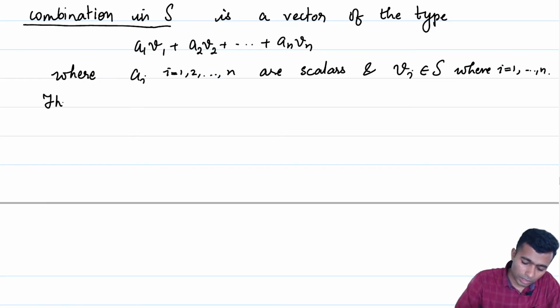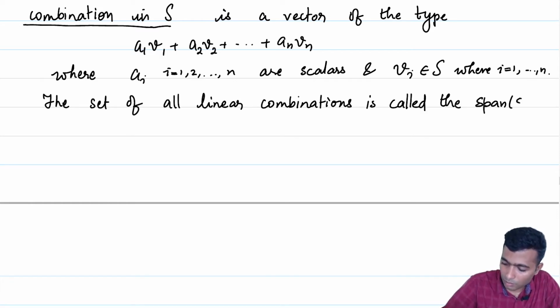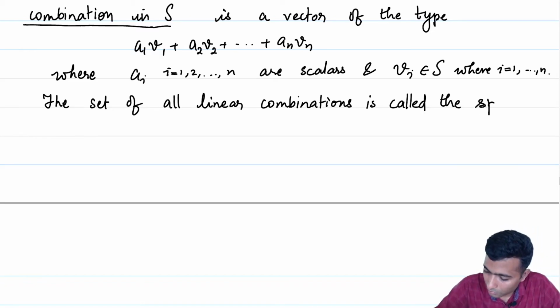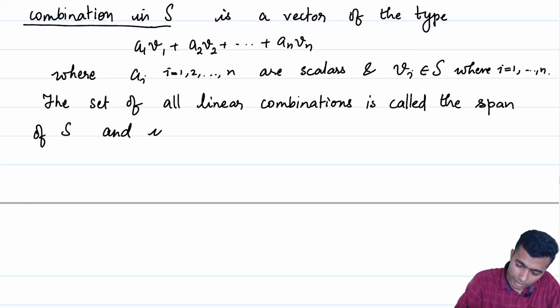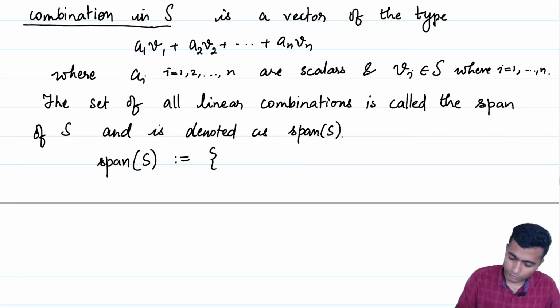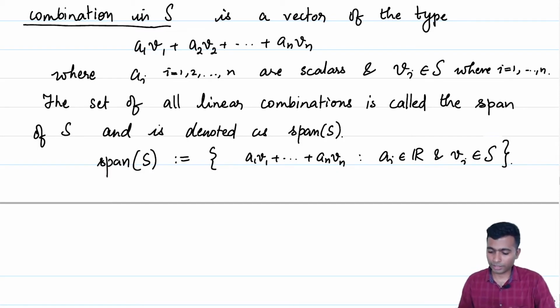Now the set of all linear combinations is called the span of S. It's called the span of S and is denoted as span of S. So formally, span of S is, by definition, the set of all A1 V1 plus up to An Vn, where Ai are scalars and Vi belong to S. So the first thing to note here is that our n is not fixed here.